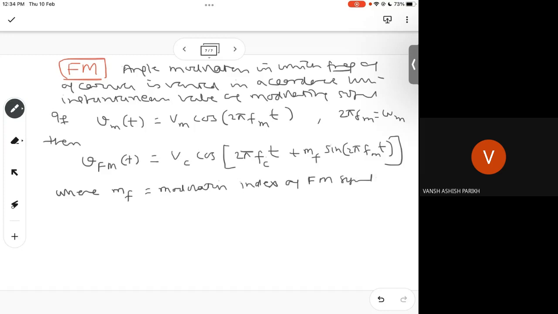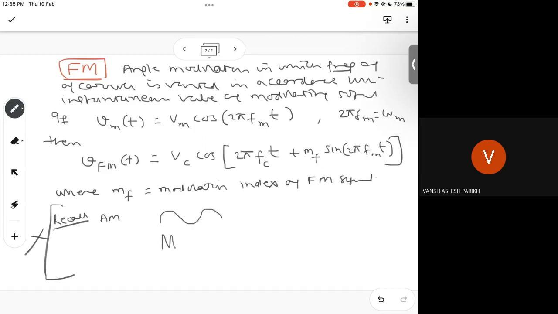So let's see how my frequency modulated waveform will look. If you recall, my AM signal was looking like this. This was my message signal.